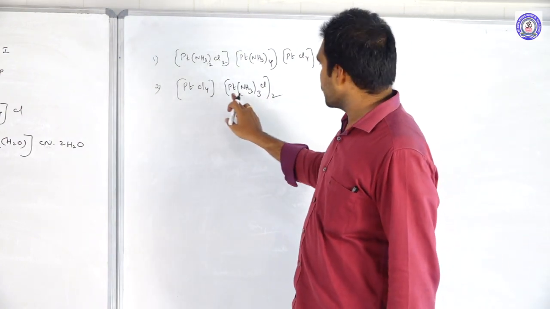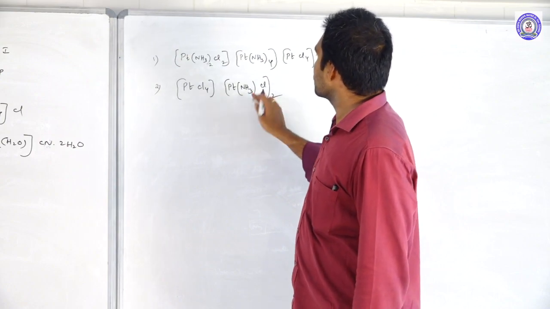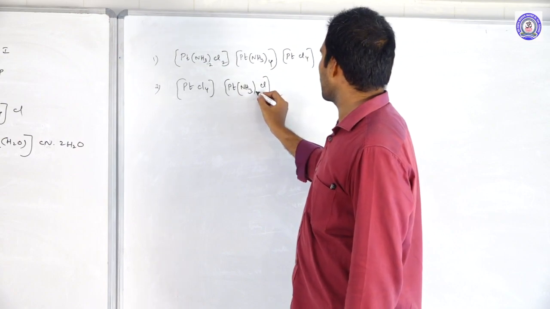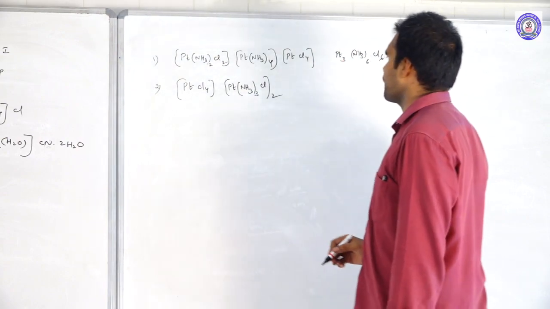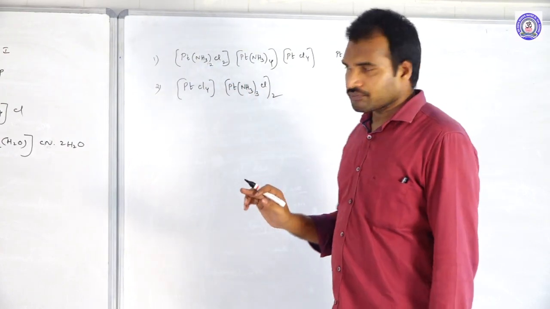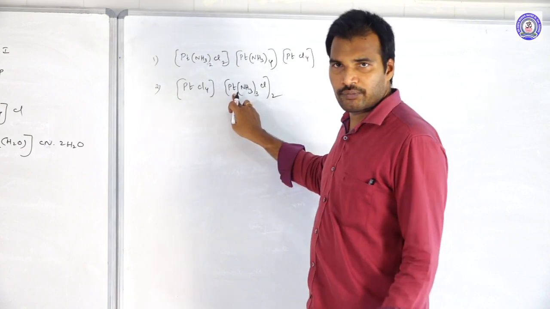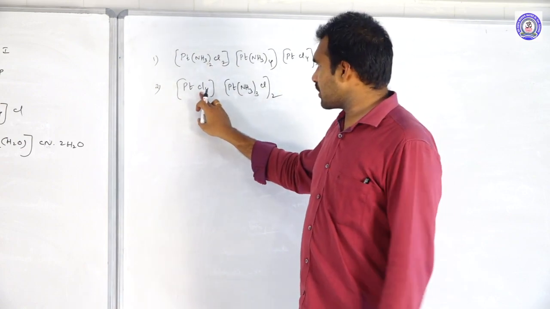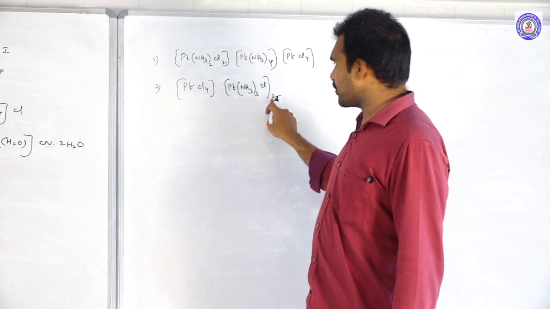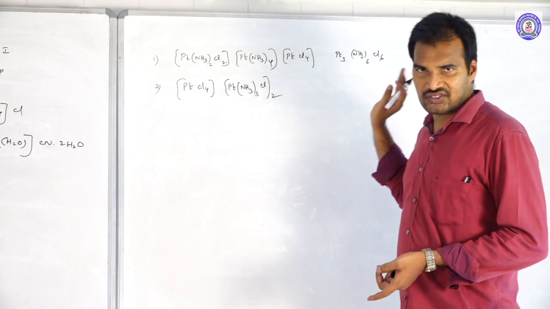Just double it. 2 platinums, twice, 3 to the 6. So now total how many platinums are there? 1, and here 2. 1 plus 2, 3. And chlorine, 4 chlorines here, and here 2, 6. And ammonia is 3 to the 6. Same, no? Pt3 NH3 6 Cl6.